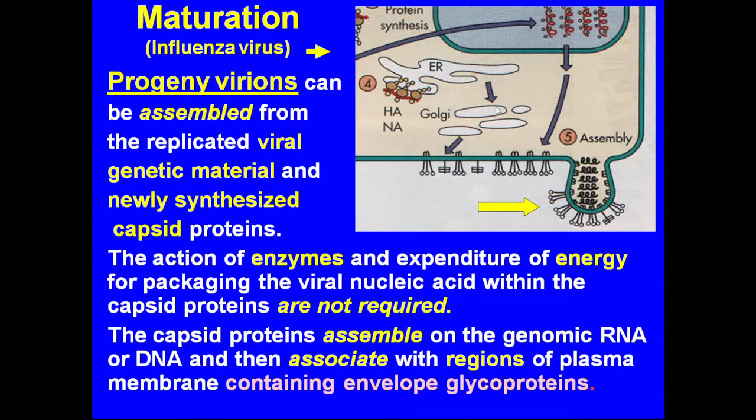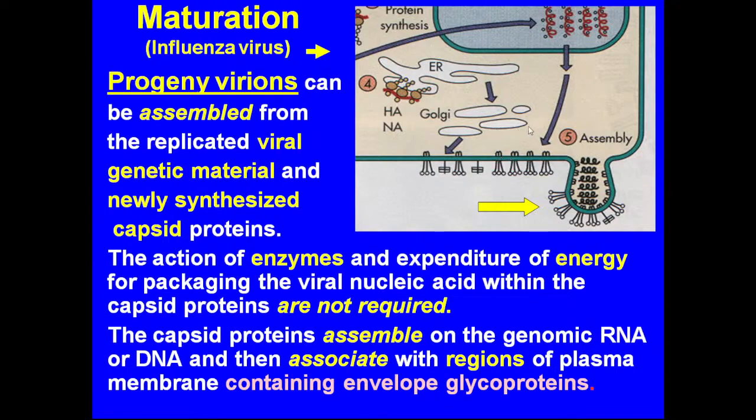The progeny virion should be assembled from the replicated viral genetic material. Here you can see the genetic material and newly synthesized capsid proteins. The action of enzymes and expenditure of energy for packaging the viral nucleic acid within the capsid proteins are not required. That's why the process is called self-assembly.